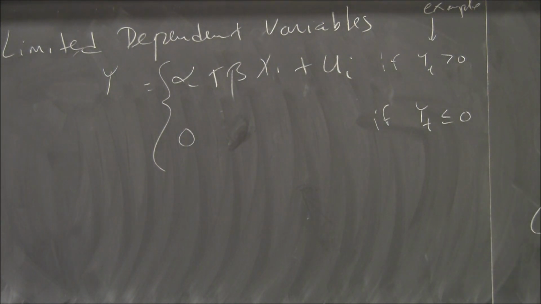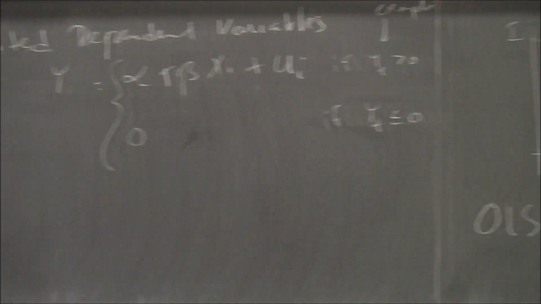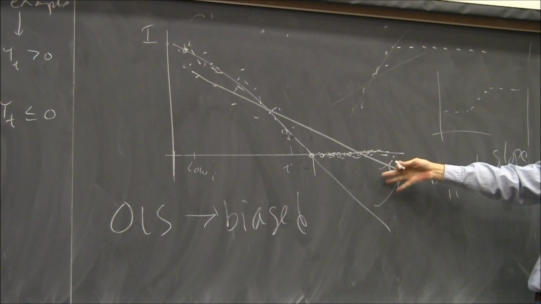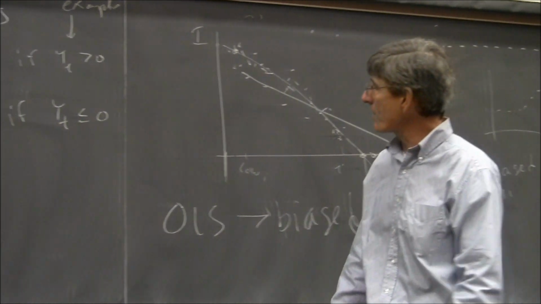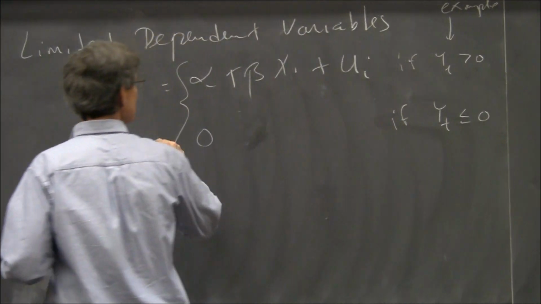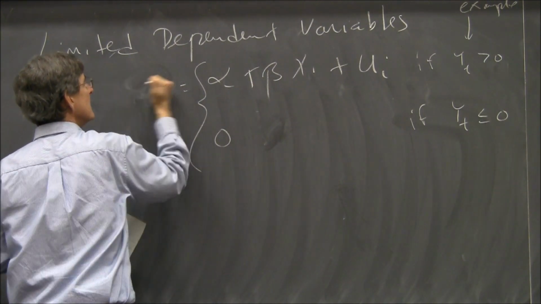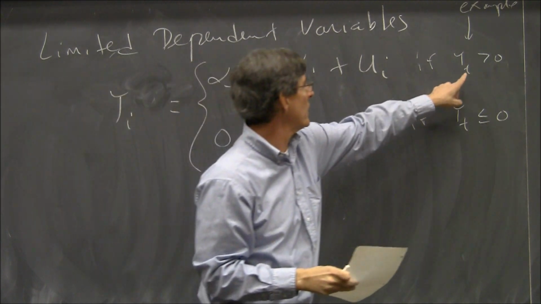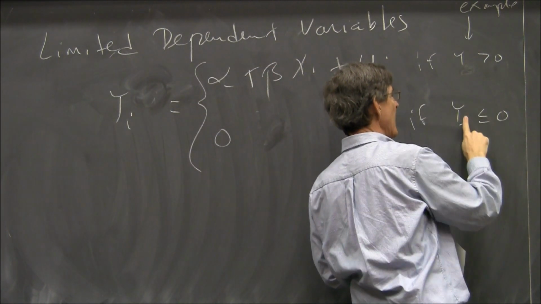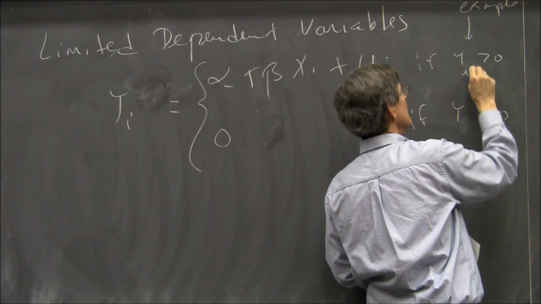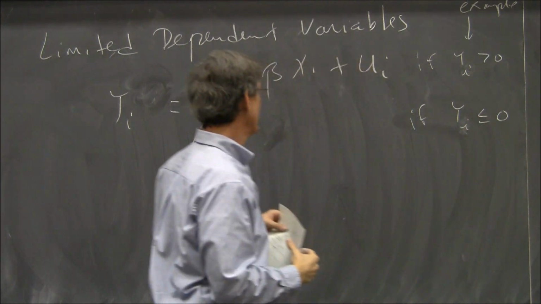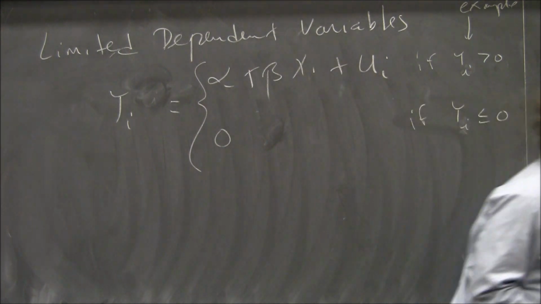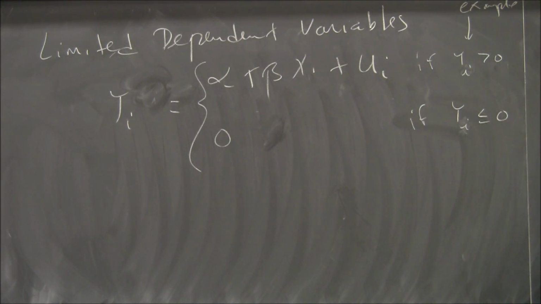Here's yt. 0 can never be negative. And so this is describing this kind of a model. So your yi, you observe it when it's greater than 0. I'm mixing up my i's and t's, sorry. And all you observe is a 0 when y is negative. You observe 0 instead.